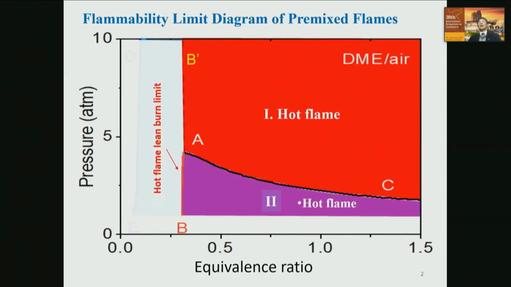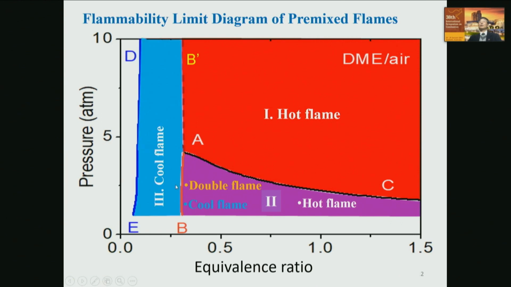So if you plot the burning limit of different flame regimes, this is the pressure as a function of equivalence ratio. This line, the BAB, is the lean burn limit of hot flames. That means the hot flame exists on the right, in region 1 and region 2. The double flame exists only in region 2 at a lower pressure.